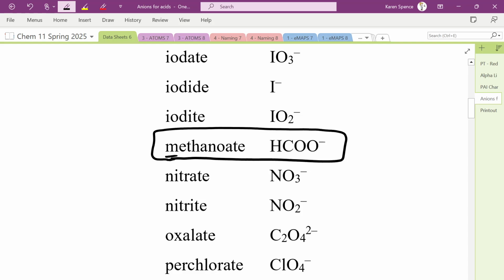Is everyone finding this on their sheet? Because this might be harder for you to find. Okay, so methanoate, go look for it. Page 2 has them alphabetically, page 3 has them by charge. So this is where alphabetical might come in handy, right? Because you've got M, methanoate is HCOO-.